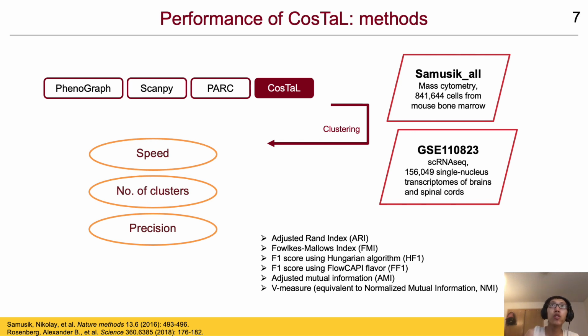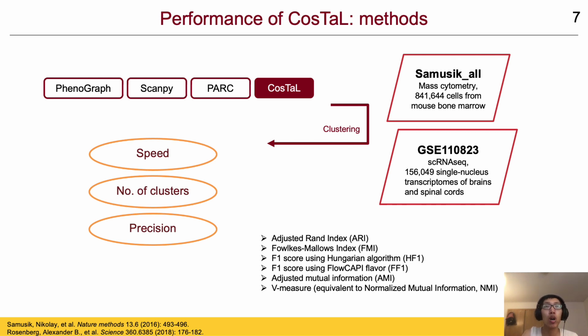And in order to evaluate how CosTaL performs, we use the other existing graph-based algorithms against CosTaL for comparisons on two datasets. One is for mass spectrometry, and the other is from single-cell RNA-seq. Both are considered to be large scale, with a lot of cells inside.